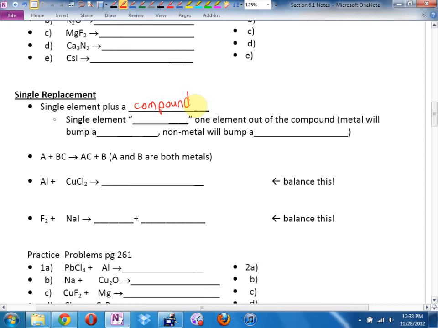One element bumps one element out of the compound. And you can even figure out which one will bump what. A metal will bump a metal. What do you think a non-metal will bump? A non-metal.